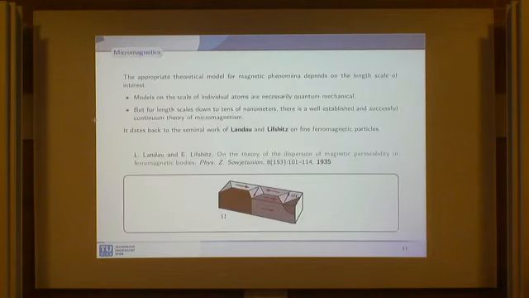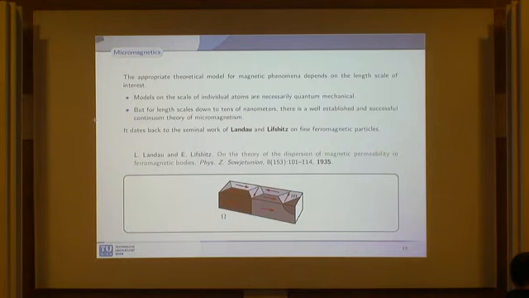Let's see how we can do mathematical analysis on this. We have to start from the micromagnetic model. Many of you are familiar with this. So this is a continuum theory of a magnetic particle on the nanoscale, so on the mesoscopic scale, the intermediate scale between classical Maxwell equations and quantum mechanics.